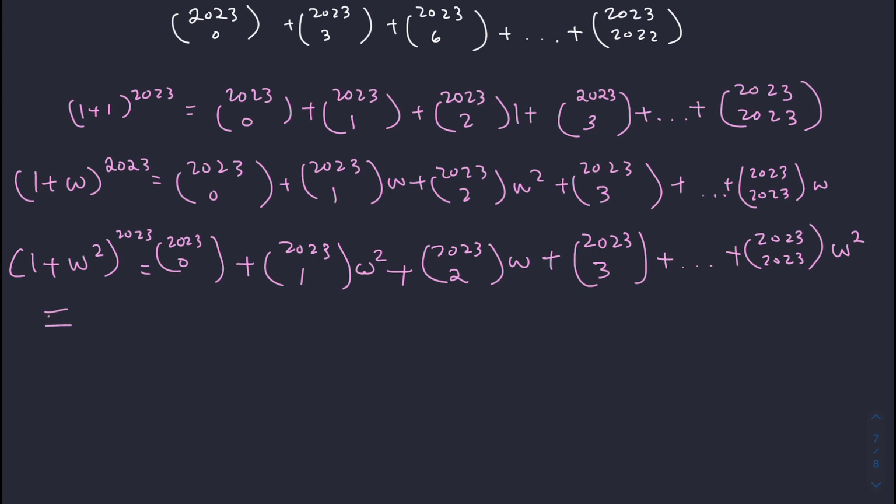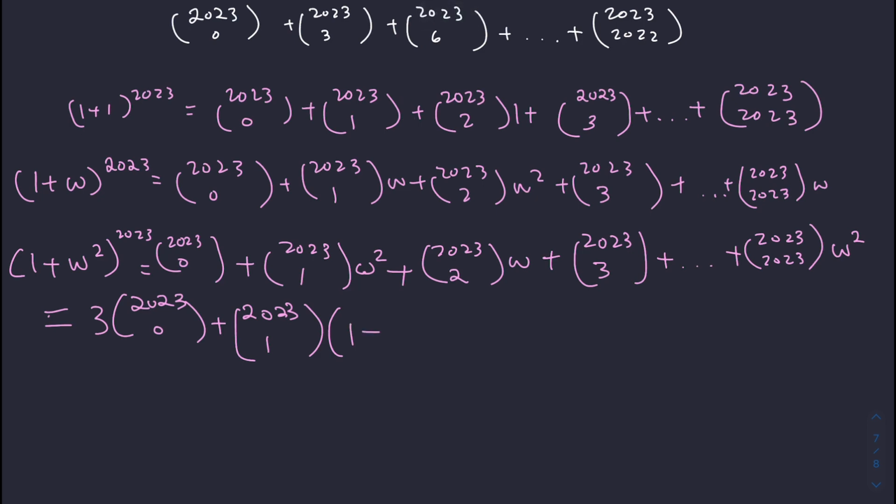So if we added all of this together, that would leave us with 3 times 2023 choose 0. Now this next part is interesting. You would have 2023 choose 1, times, and we have technically an invisible 1 here, right?